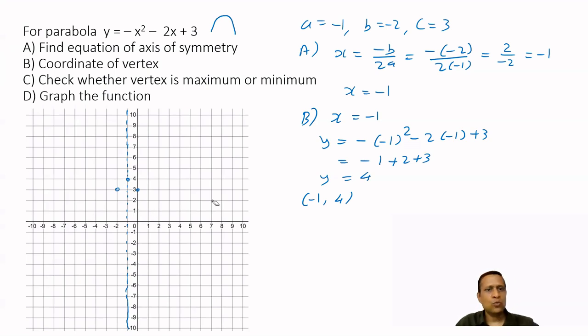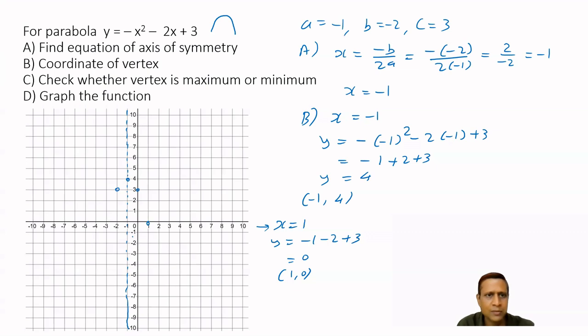Let's find one or two more values. So if I put x equal to 1, we get y is equal to -1 minus 2 plus 3. So at x equal to 1, y is equal to 0, right? So (1, 0) is a point on the graph.